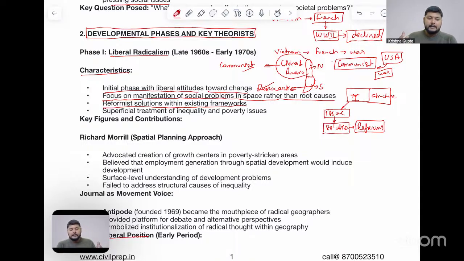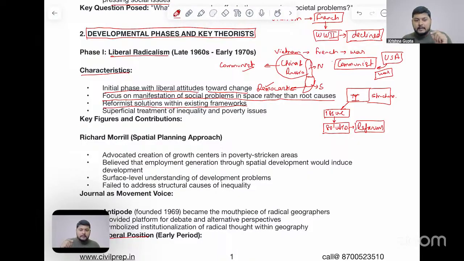So this was seen here. But it is very difficult to reform a particular structure. It is very difficult because a structure is very stagnant, it is very fixed. It does not want to change itself from the outside. It can change itself from within, but not from the outer stances.